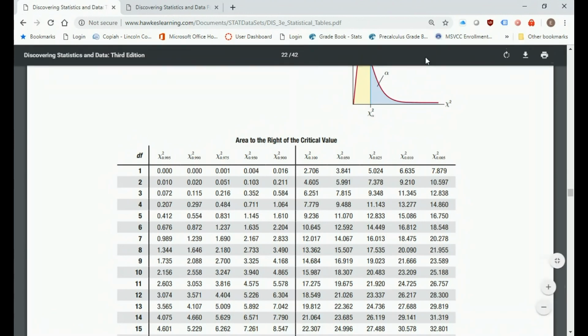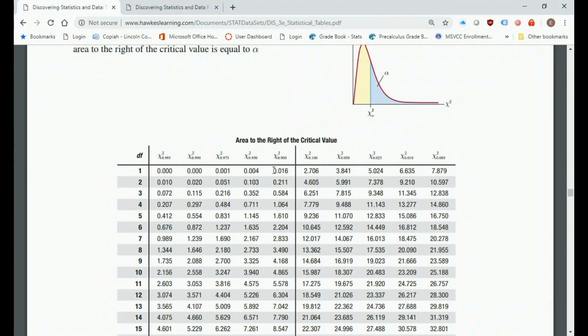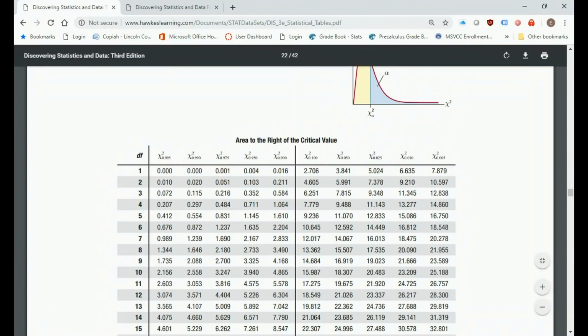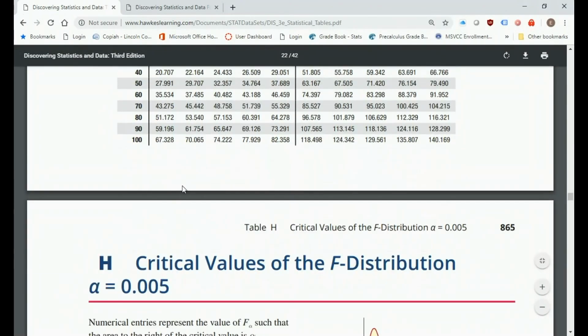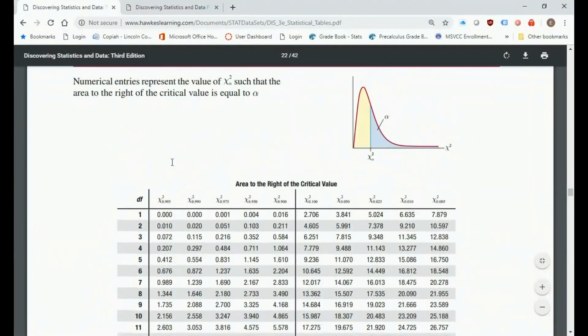And since it's not symmetrical, it's not like the normal curve or even the t-distribution. As your degrees of freedom gets bigger, it's symmetric. I mean, this would approach normality too, but your degrees of freedom would have to be extreme anyway.